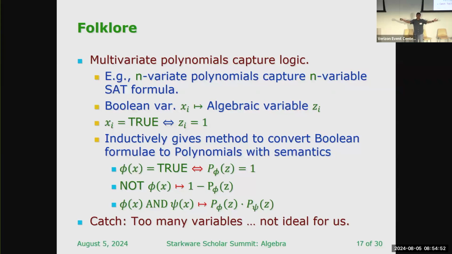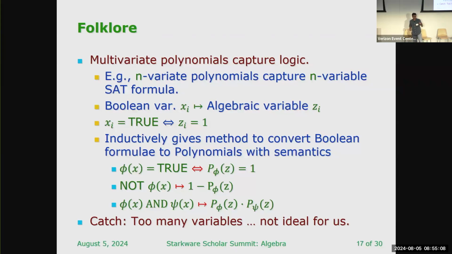If I have some logical formula involving n Boolean variables, I can express it as polynomials involving n Boolean variables that need to be satisfied, for which you have to find a common zero or something like that.